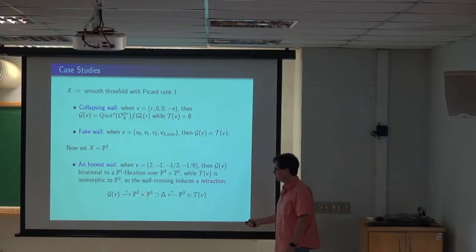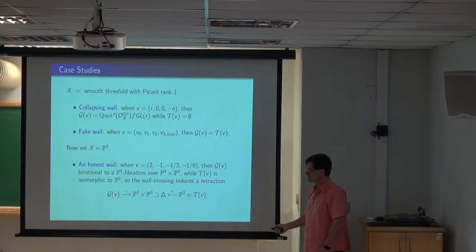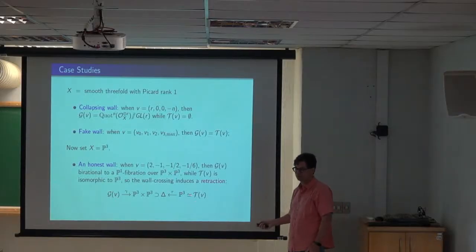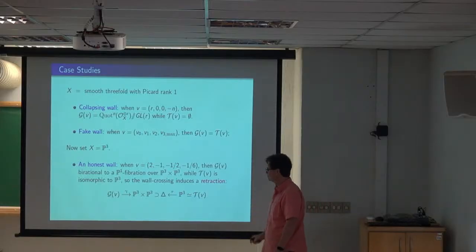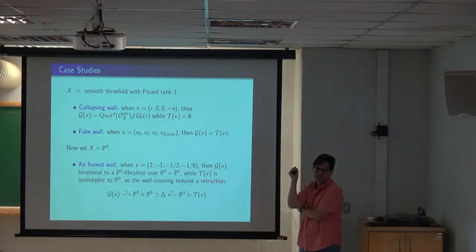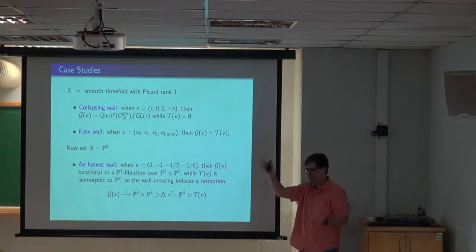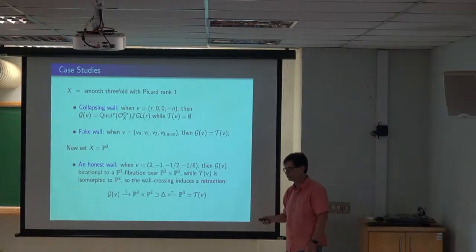So on one side this moduli space has dimension 7, and on the other side the moduli space is only 3-dimensional. That's an example to illustrate that this wall crossing really changes the moduli space completely.